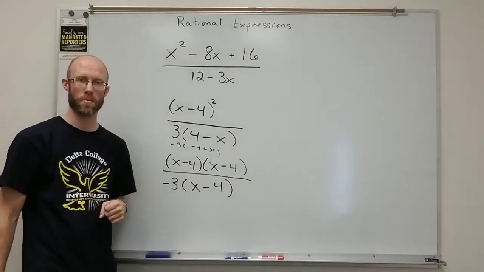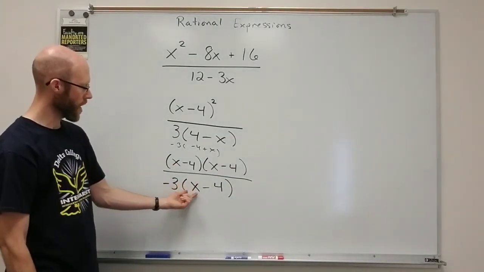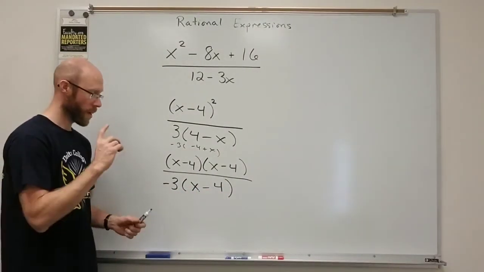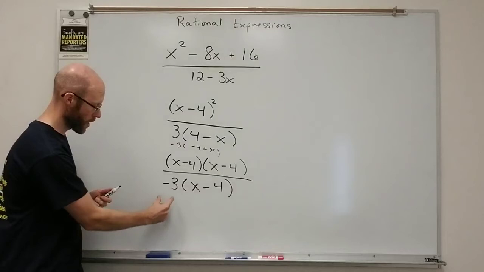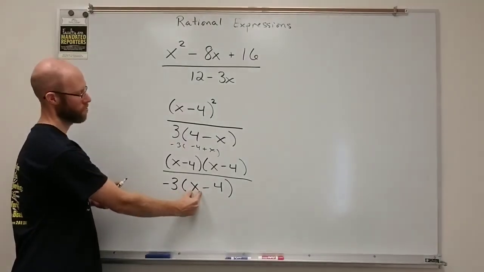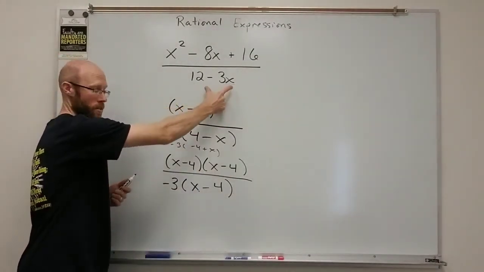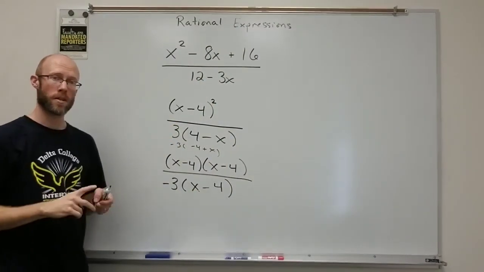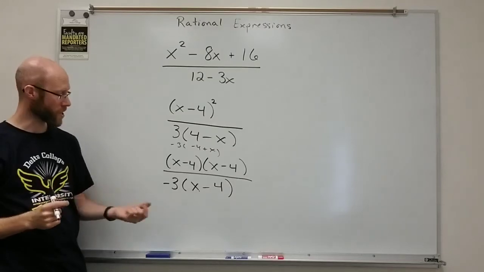I just switch them around. So now I have positive x minus 4. Think about redistributing. -3 times x would give me the original -3x. -3 times -4 gives me the original 12. So by pulling out a negative, it changes both signs.